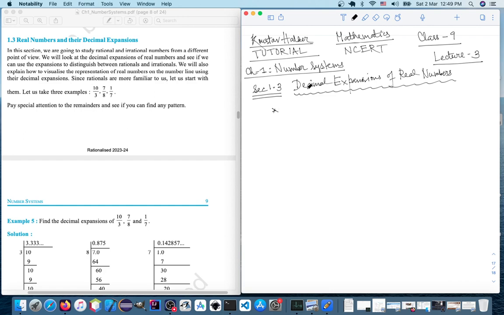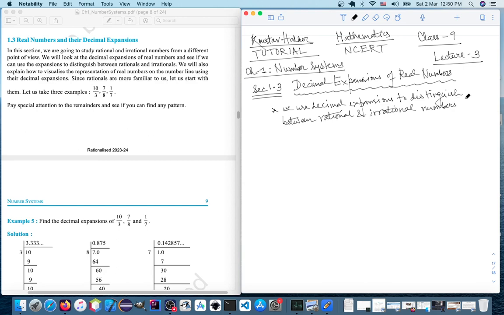It says that we use decimal expansions to distinguish between rational and irrational numbers.